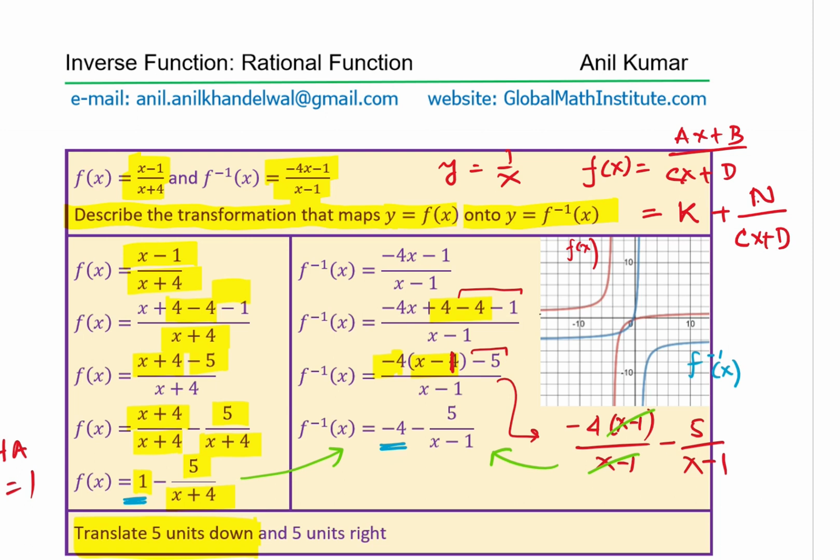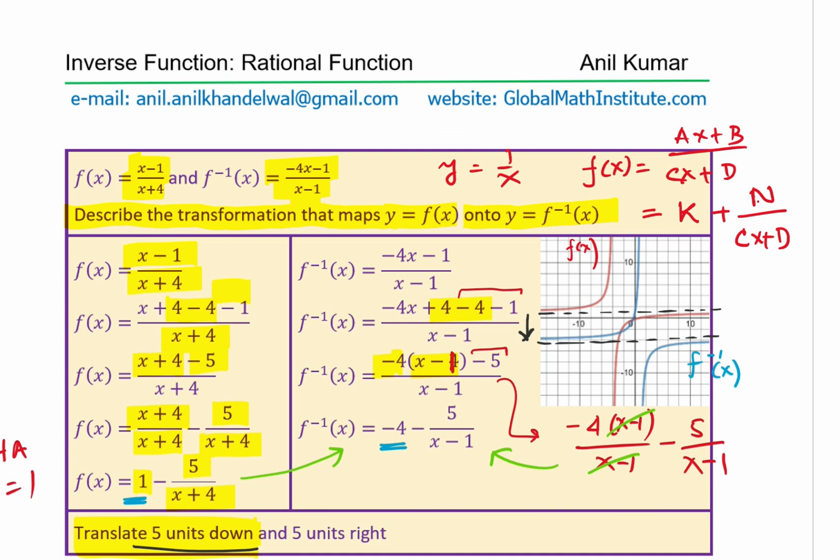So this is 1 for you, and that is minus 4. So you're going vertically down by 5 units. Correct? The other one is the transformation from minus 4 to 1.